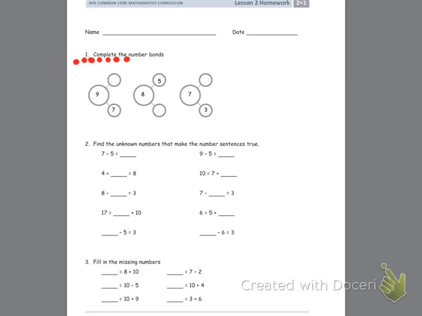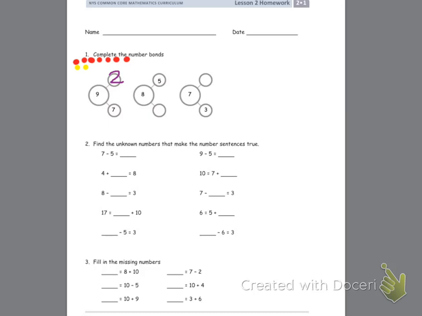So we're already at 7, 8, 9. The missing number that goes in the small circle is 2, because there were 7 red dots and 2 more yellow dots to equal the entire amount of 9.